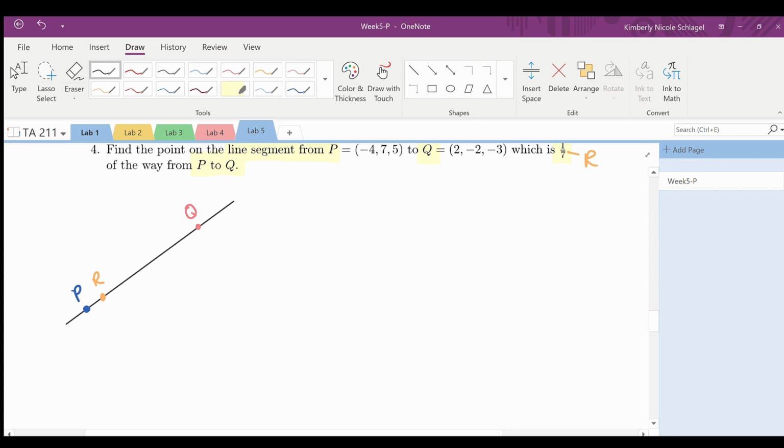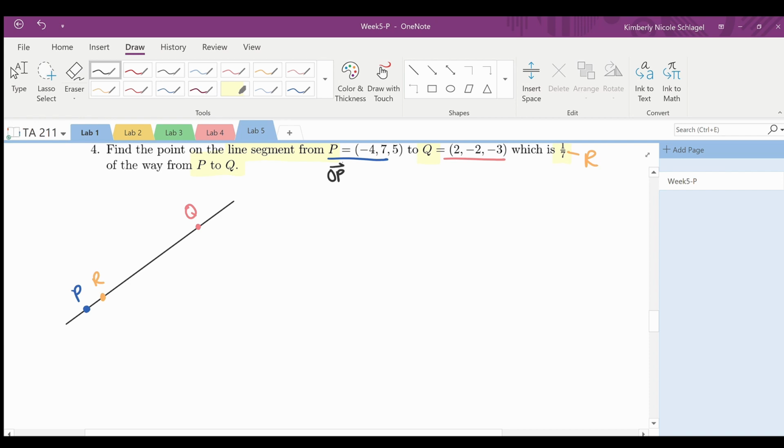First, the most important thing when we start these questions is that we have to realize that the points given to us, our P and our Q here, are not just random vectors floating in space. We should think of them as vectors starting from our origin.